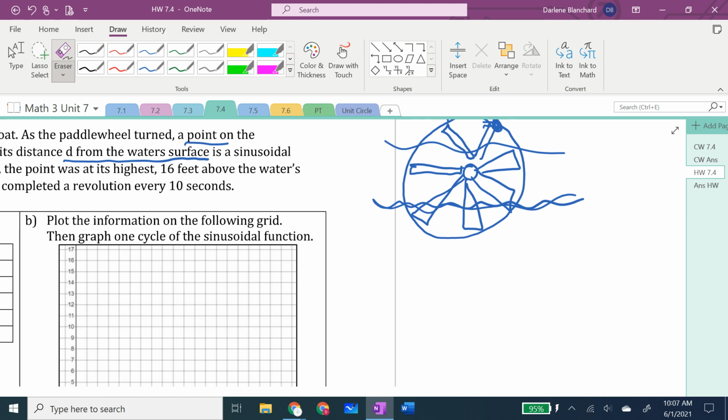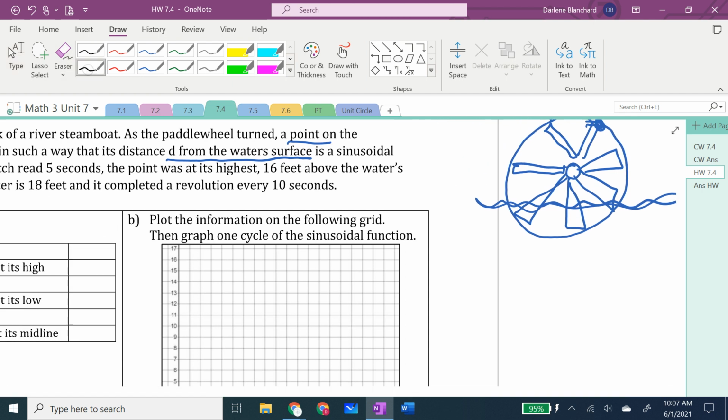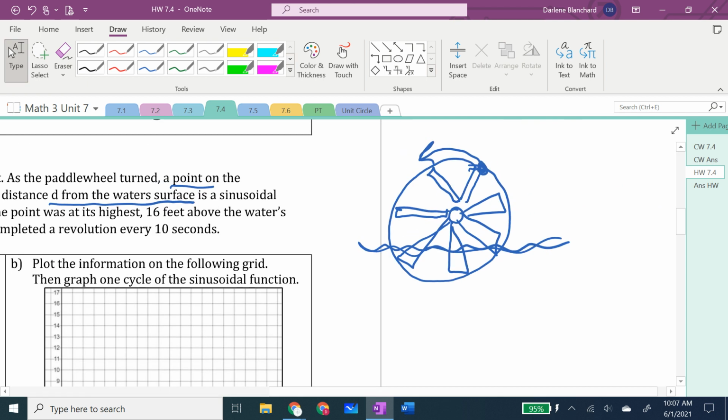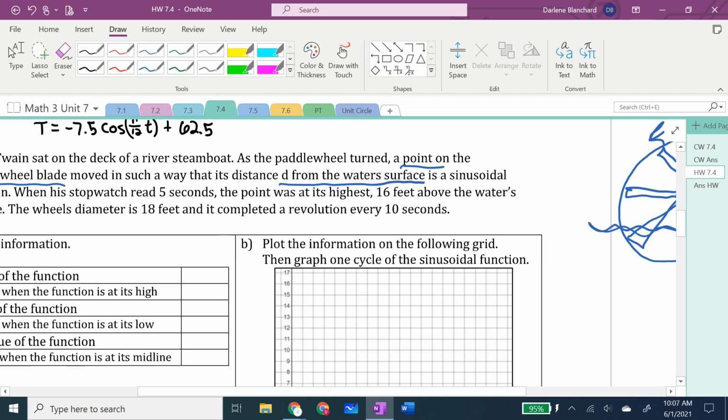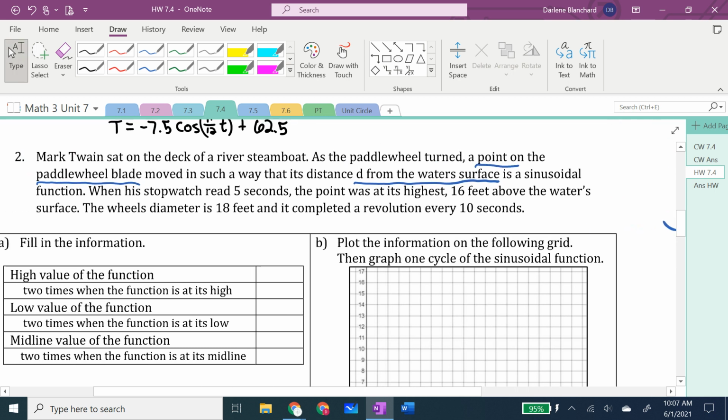Okay, I'm going to erase this. And so D is distance above the ground. So if my point is at this level, then that's D right there. Now, let's let time kind of flow out the window for a little bit and not worry about time, but focus on what are the high and low values going on.